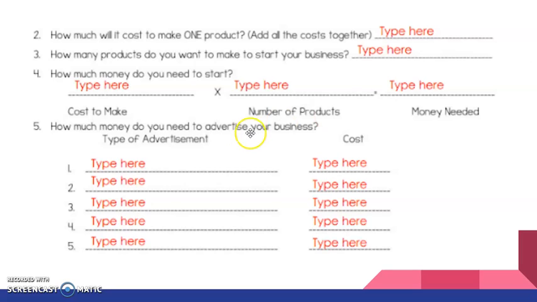The next part, number 5 here, is talking about the cost of advertisements. Advertisements aren't free, and we have to account for them in our total budget. So Miss Van's going to be talking to you guys a little bit about your advertisements this week. So again, you're just going to type your kind of advertisement and how much it's going to cost to make it.